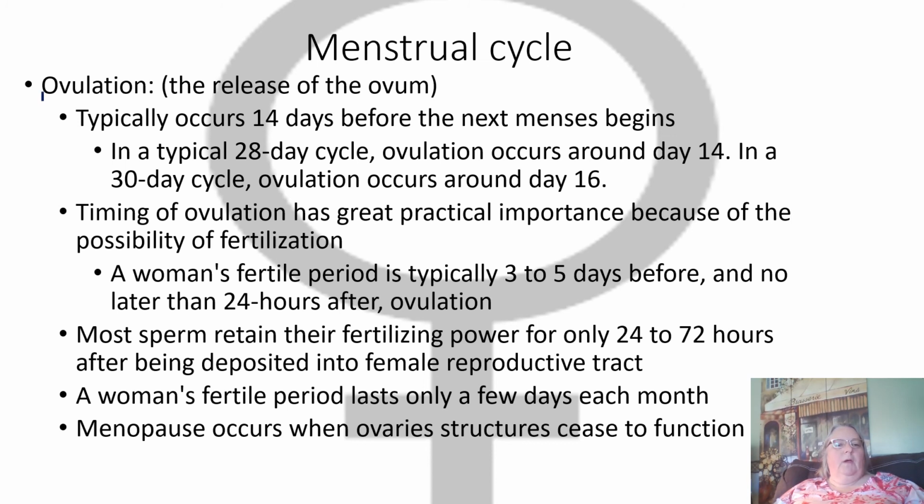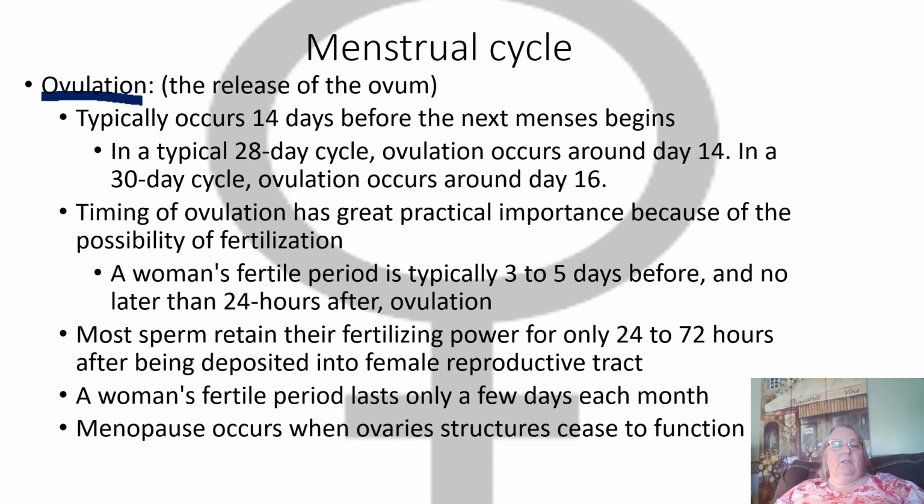And so ovulation typically occurs 14 days before the next menses begins. In a typical 28-day cycle, ovulation occurs around day 14. In a 30-day cycle, ovulation occurs around day 16.